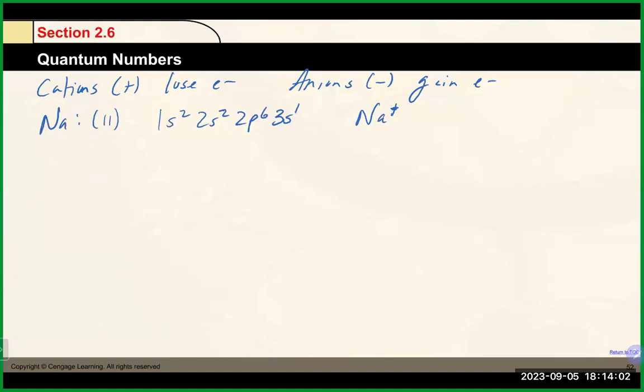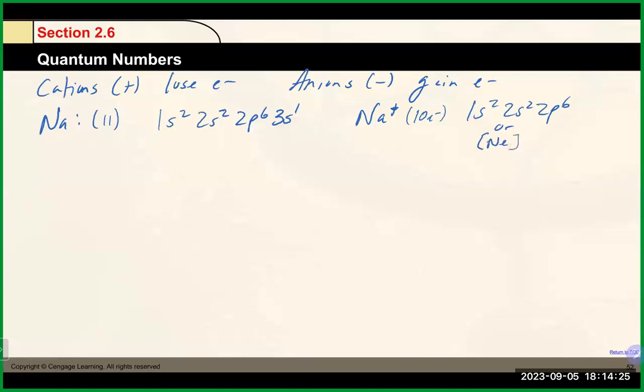Because it has a +1 charge, it has lost 1 electron from the neutral, which means sodium here has 10 electrons. That would give it an electron configuration of 1s2, 2s2, 2p6, which is also neon's configuration, right?